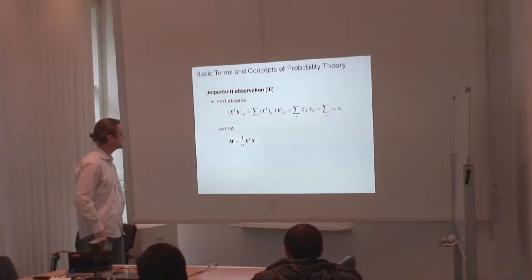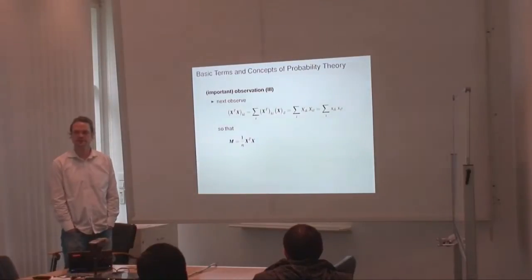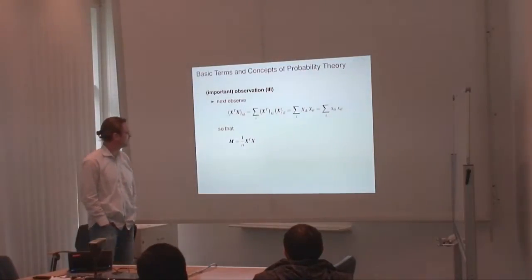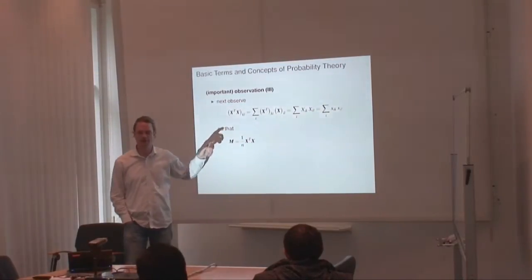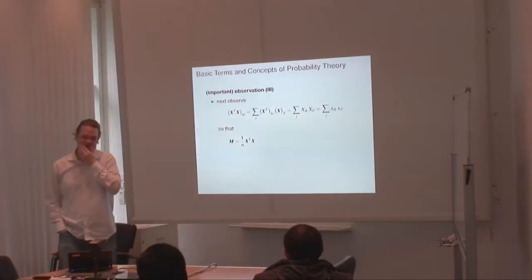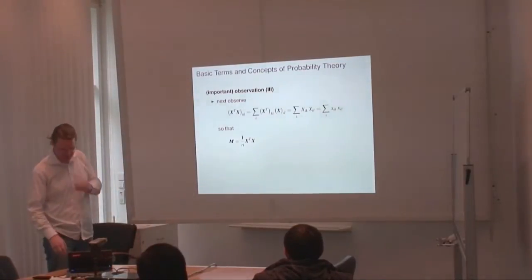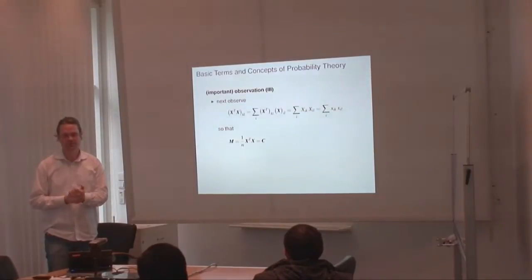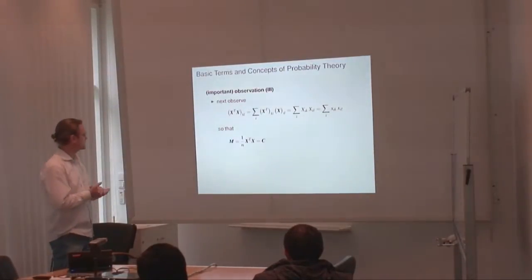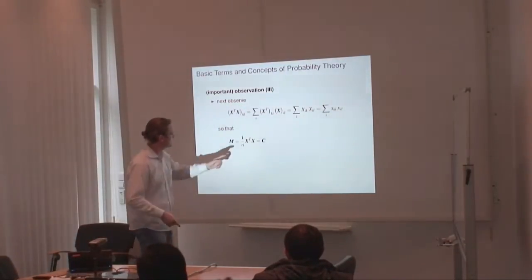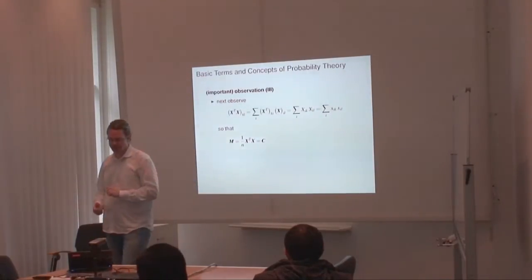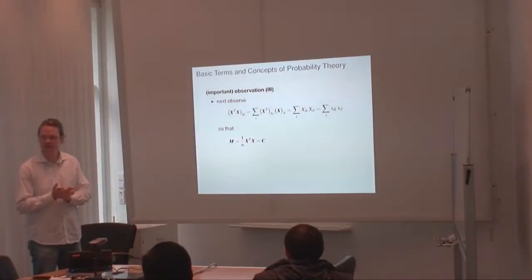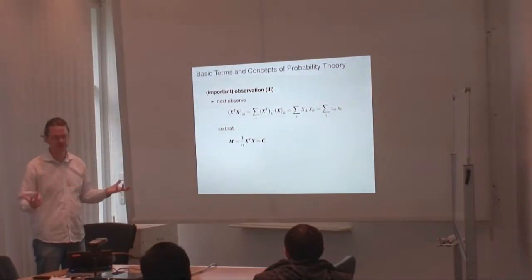And that is to say that this matrix M we defined can be written as the product of X transpose times X normalized by some factor 1 over n. But what is that? It's the covariance matrix. So from now on, whenever this thing appears, and it will appear a lot, you can understand it as a covariance matrix.